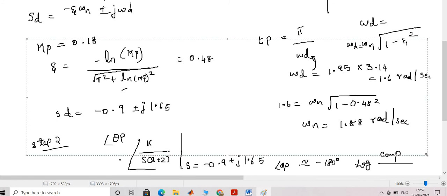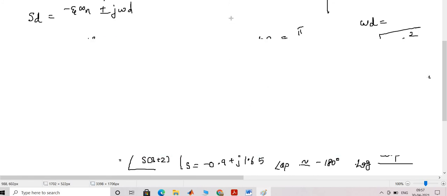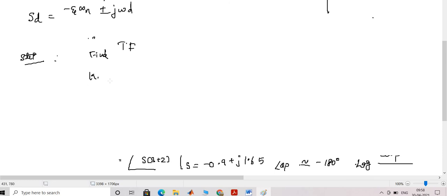Now that we have the value of the velocity error constant, we can find the transfer function. The next step is to find the transfer function, poles and zeros of the compensator. We require Kv, that is in the question as 10, and Kv of the uncompensated system that we got as 2.